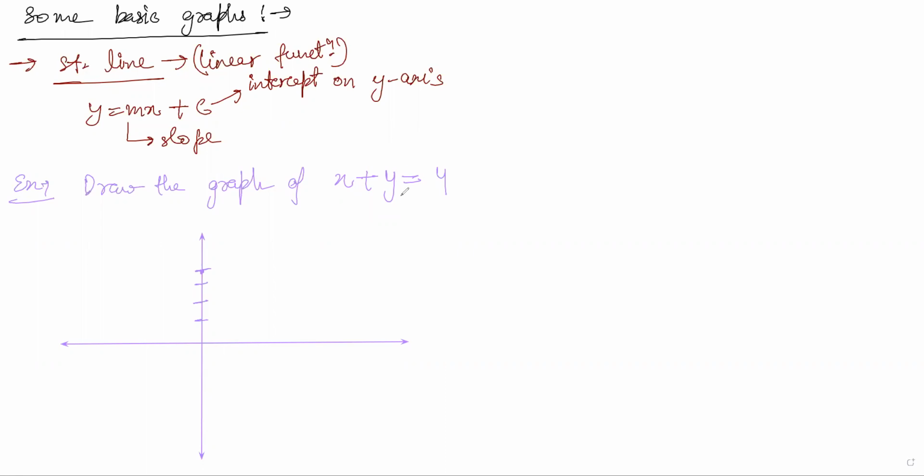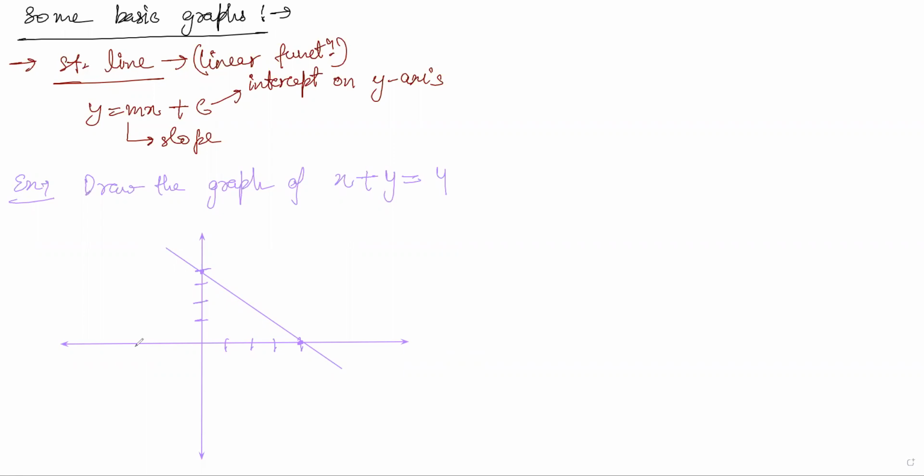If I put y as 0, I'll get x as 4. So this point. Now you can easily join them and you'll get the graph of x plus y is equal to 4. So to draw the graph of a straight line, just find out 2 points and join them.